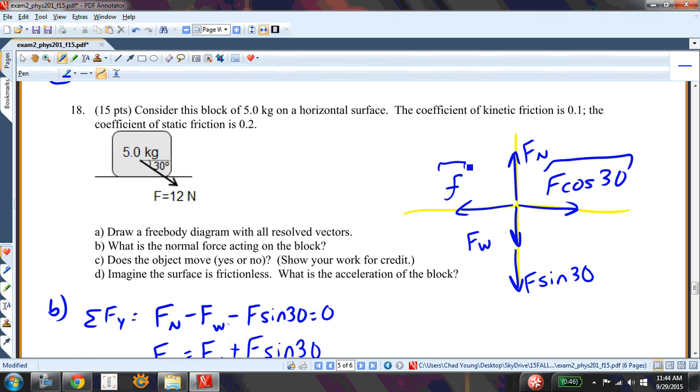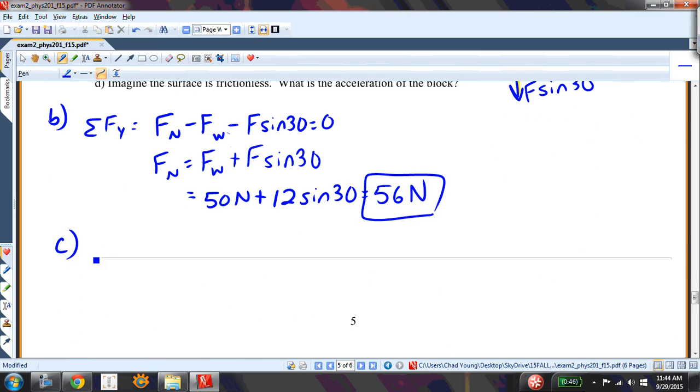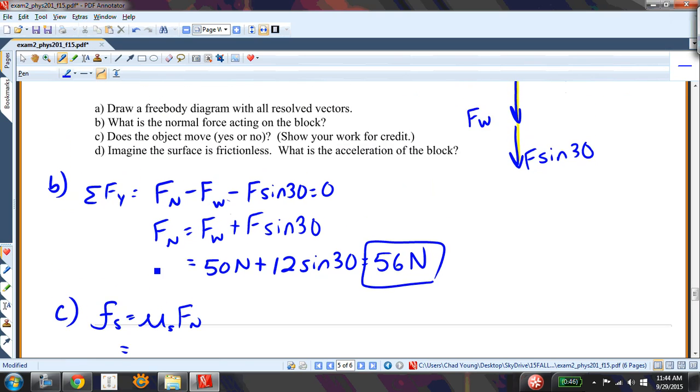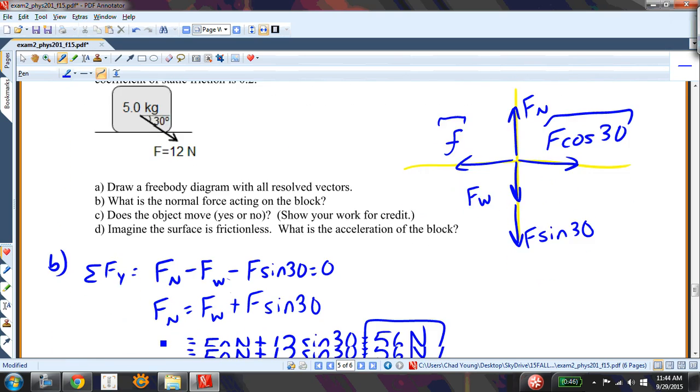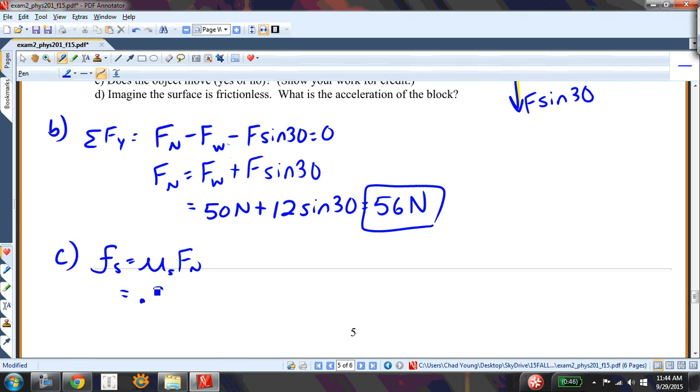If not, then it will not be moving. So let's calculate what that static frictional force is. Fs is equal to mu s times the normal force. Mu s was given, 0.2. So 56 times 0.2 is 11.2 newtons.